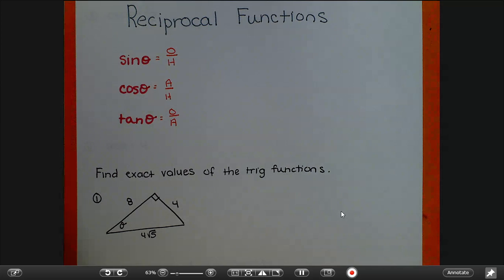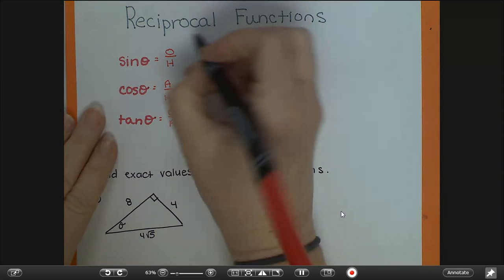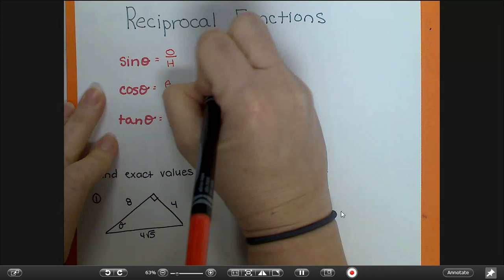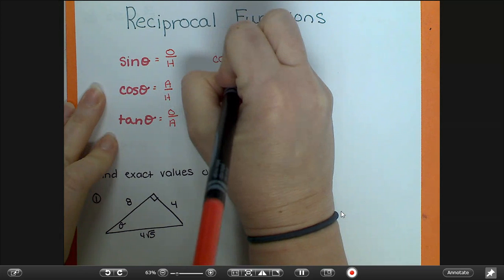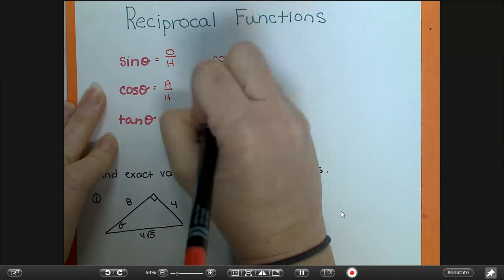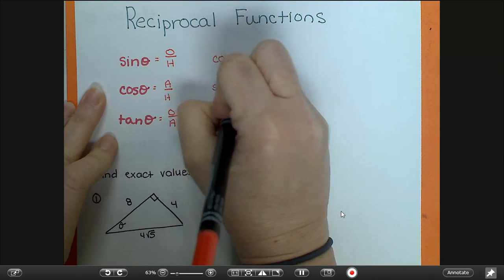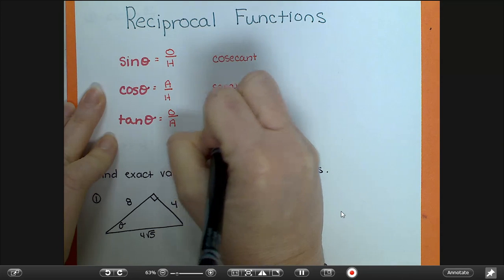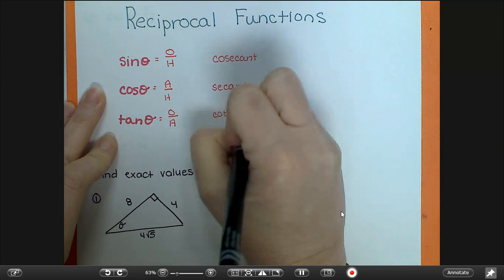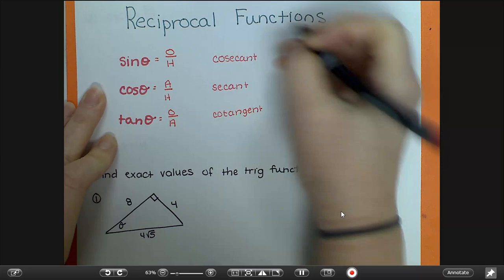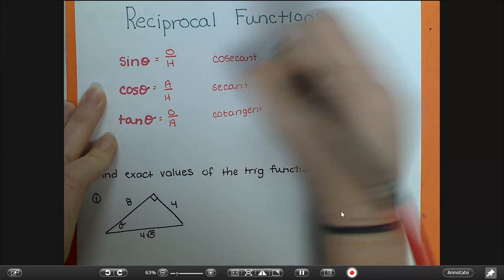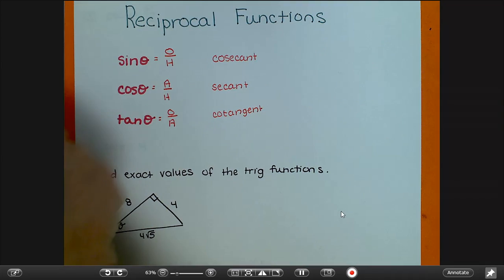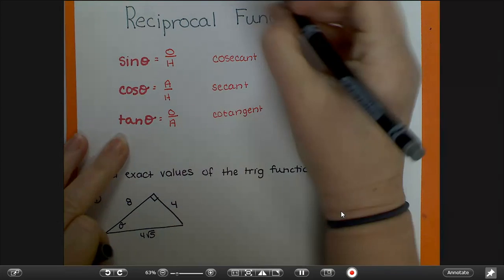We talked last week about three other functions: cosecant, secant, and cotangent. And so I'll write it the way we write it in simple form.